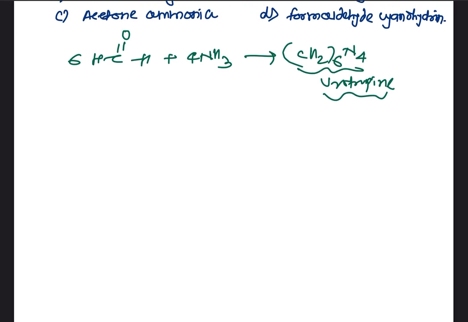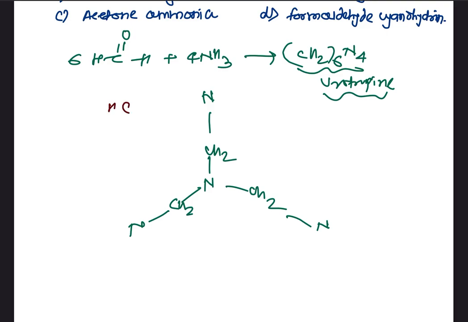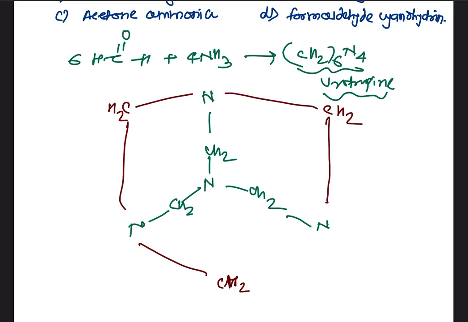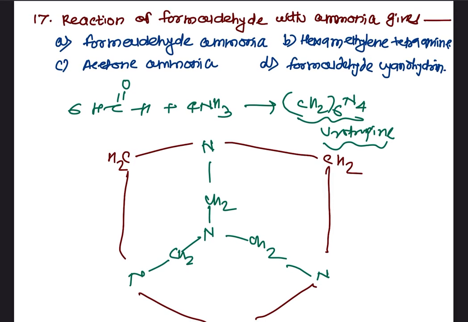You know what the structure of urotropin is? This is the structure of urotropin. There is no carbon-carbon single bond. All are carbon-nitrogen single bonds. So the answer is urotropin, that is hexamethylene tetramine.